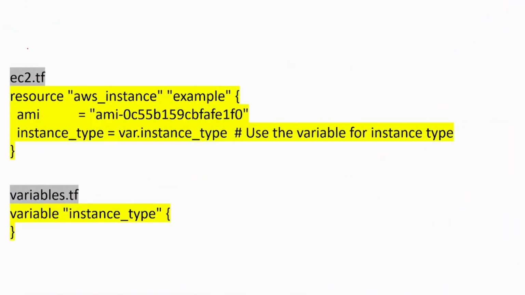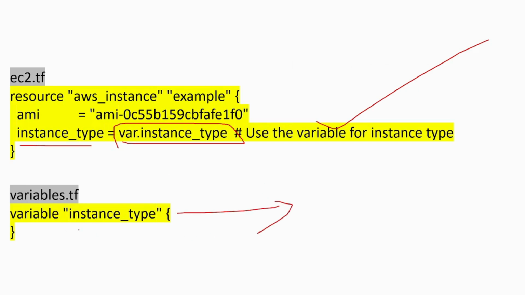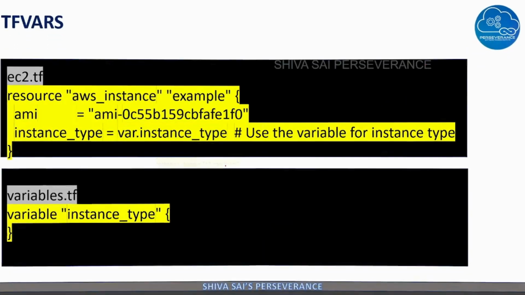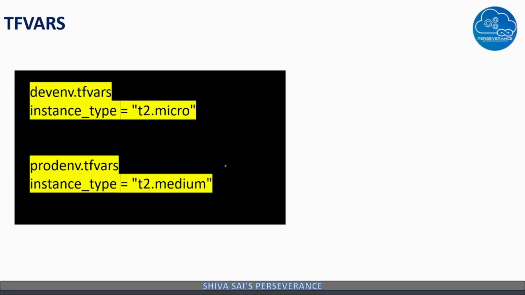I have variabilized the instance type with var.instance_type. So I'll be making use of the variable concept here, but instead of defining the value in the variables.tf instance_type variable block, we are creating two different files, like dev.env.tfvars first.